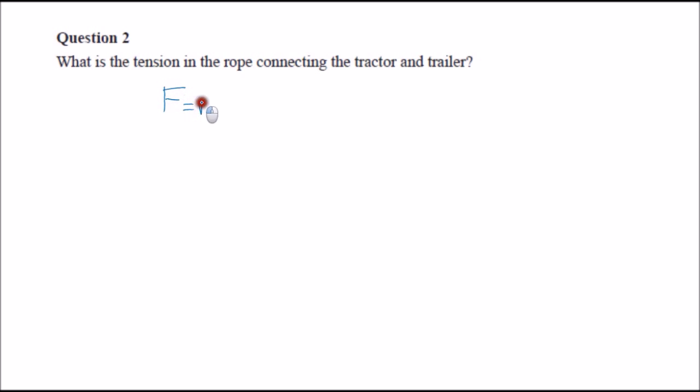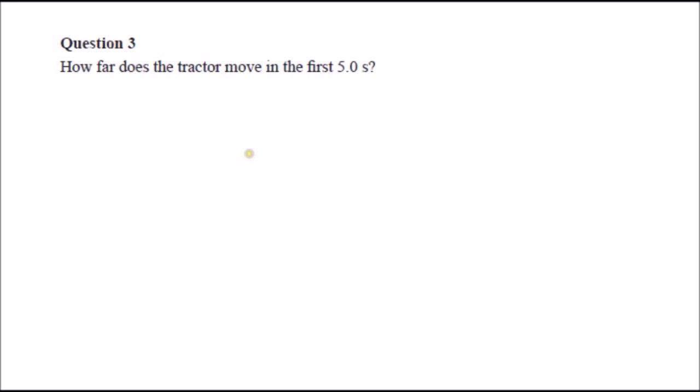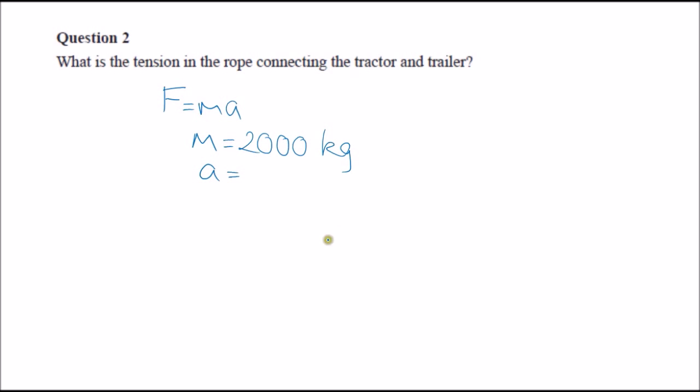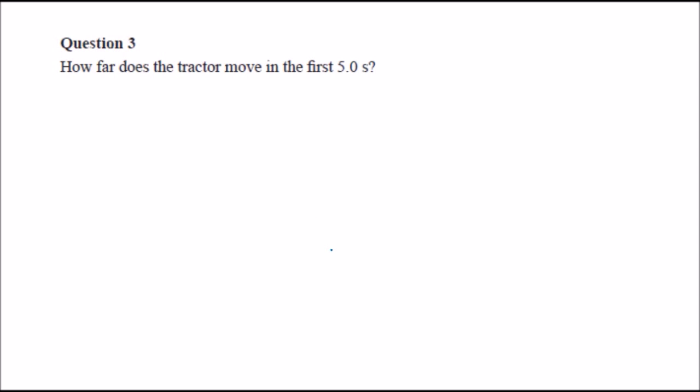It is F equals ma because we're finding the net force, but in this case the mass is the mass of the trailer only, which is 2,000 kilos. a is still 0.5 meters per second squared. So F is 2,000 times 0.5, which is 1,000 newtons. That is my answer there.